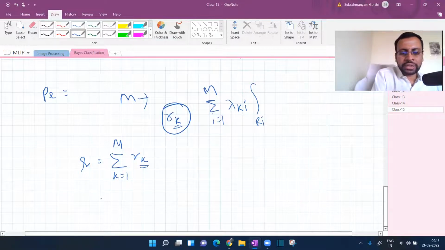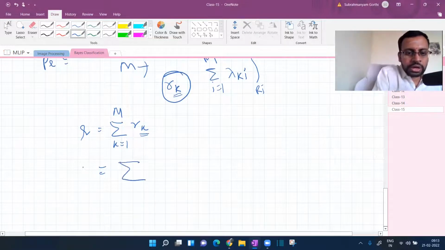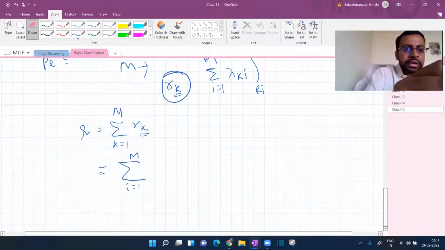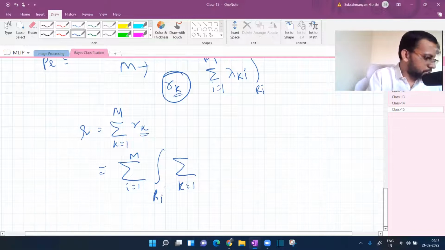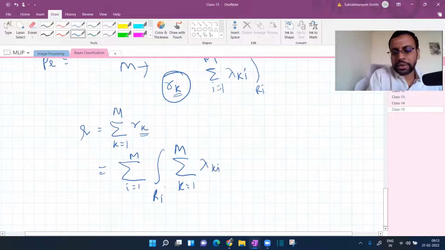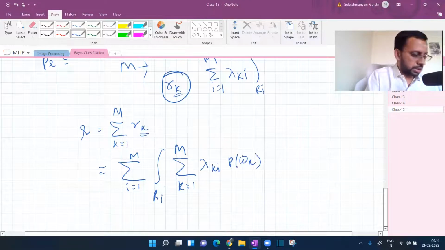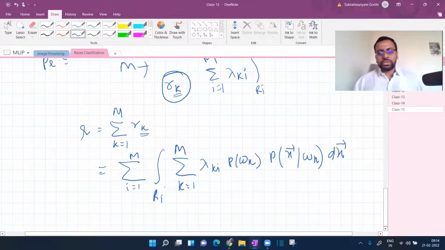Then we rearranged those terms and ended up with R equals the sum over i equal to 1 to m of the integral over region Ri, of the summation from k equal to 1 to m of lambda ki into the probability of omega k into the probability of x bar given omega k, into dx bar.